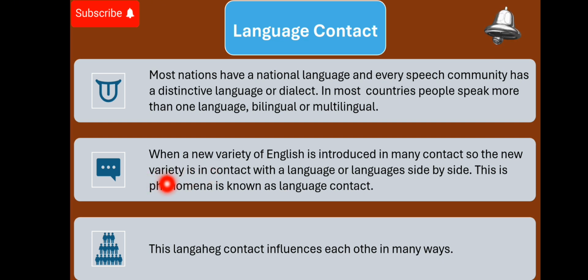So when a new variety of English is introduced in many contexts, with the new variety and the other language side by side, this phenomenon is known as language contact. Now let me give an example.